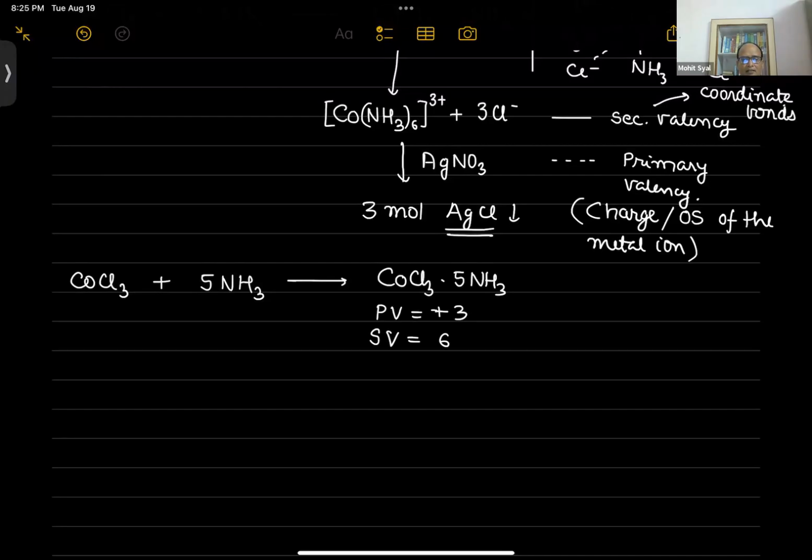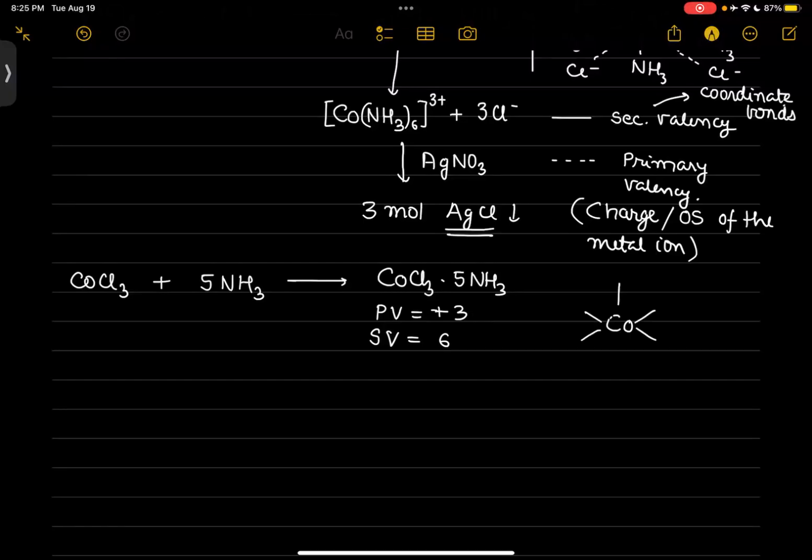That can be explained by the structure given by Werner: the cobalt with 6 bonds. Out of these 6 secondary valencies, 5 of them are NH3, represented by solid lines. That is clear.